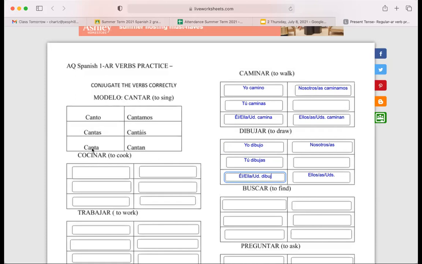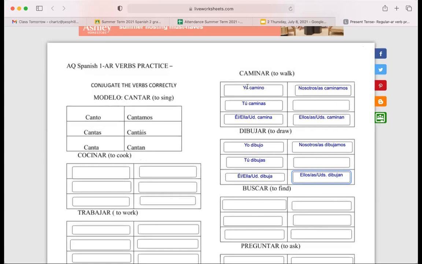And then we add an A in the él, ella, usted form. So you draw. And then for nosotros, we add AMOS, so it's dibujamos. And for this one, we have our stem again, we add an AN. Yep.